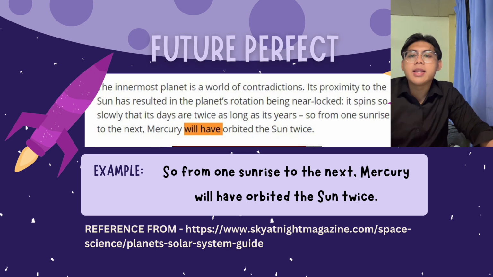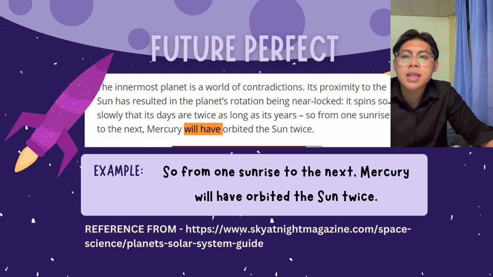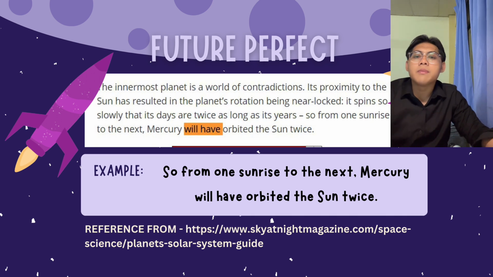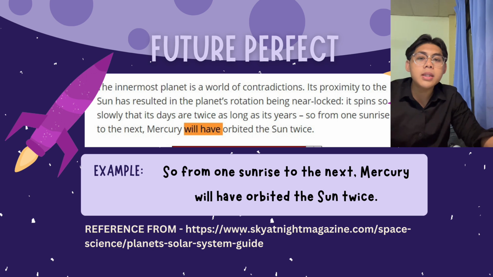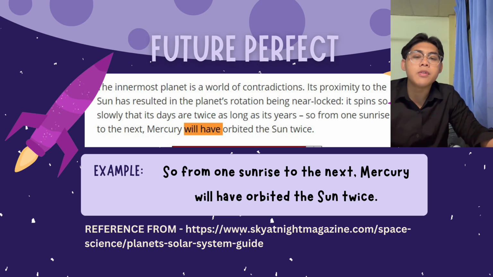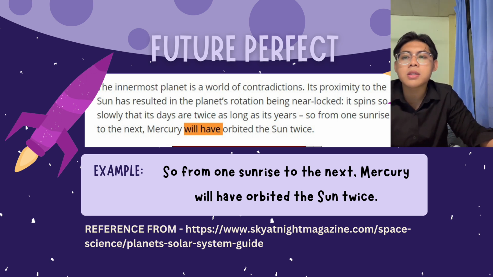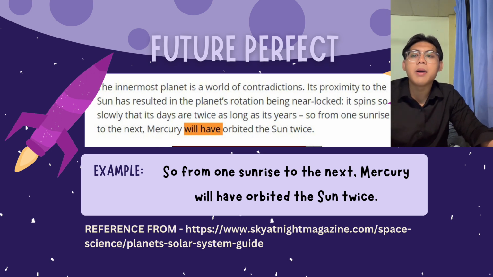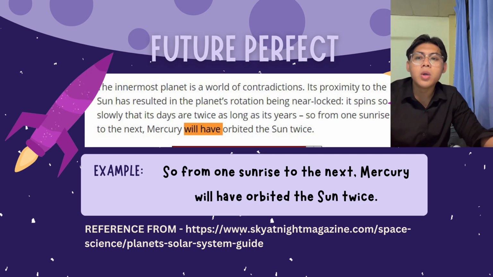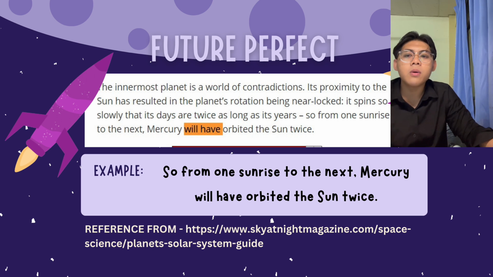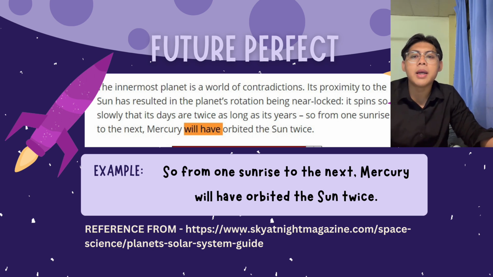Future perfect tense is a tense that refers to an action that will be completed at some point in the future before another specific time and event. The structure will be formed by using the auxiliary verb will have followed by the past participle of the main verb.